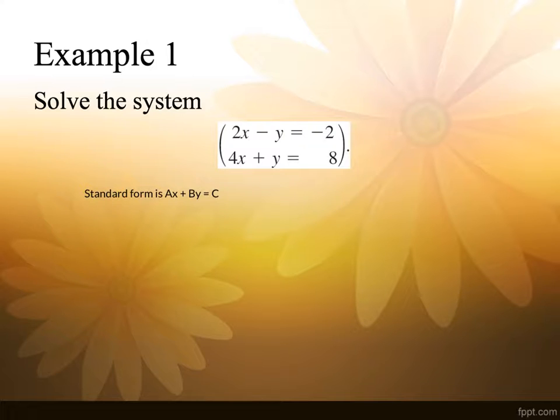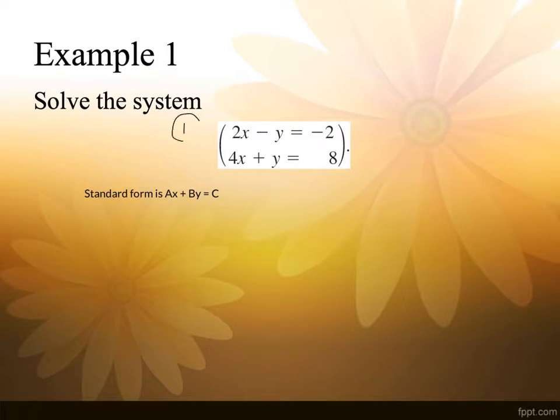Standard form, we remember, is in the form ax plus by equals c. And we've learned that the easiest way to determine the graph of an equation in standard form is to find its intercepts. So I'm going to do just that.